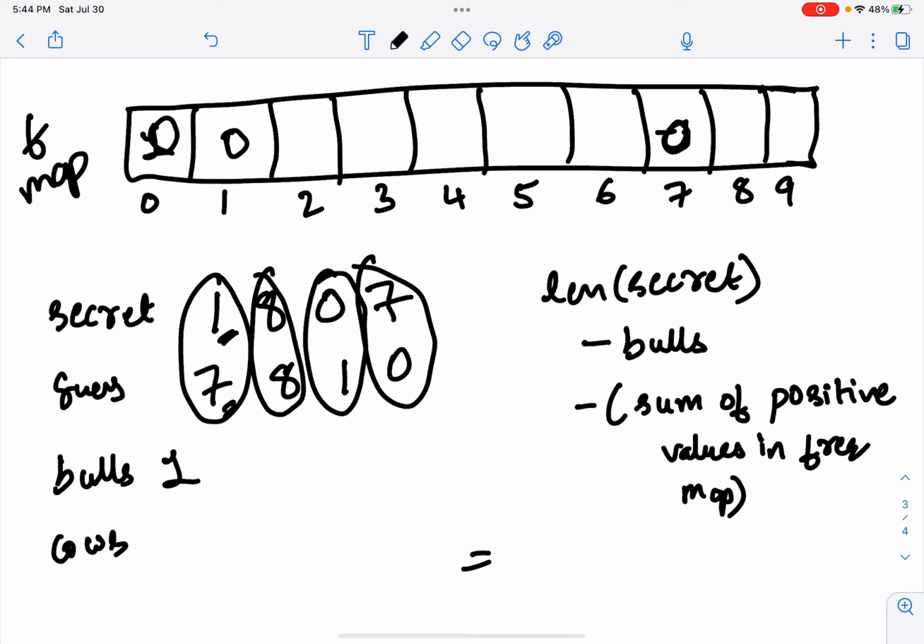The length of the secret is 4, the number of bulls is 1, and the sum of positive values in the frequency map in this case is 0. So the total number of cows is 3.